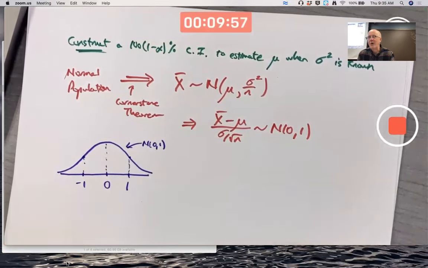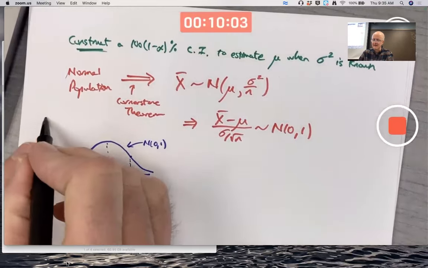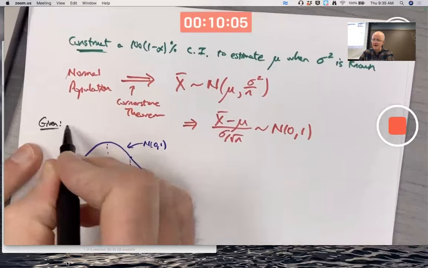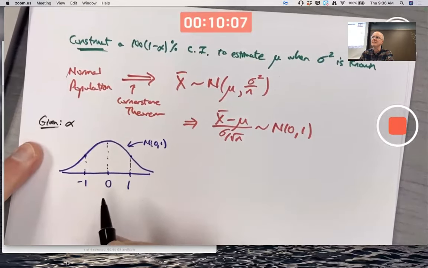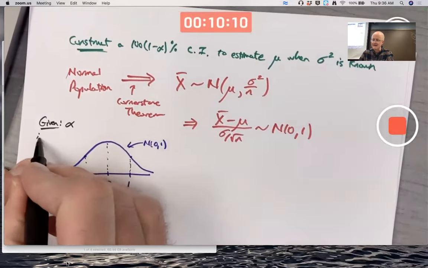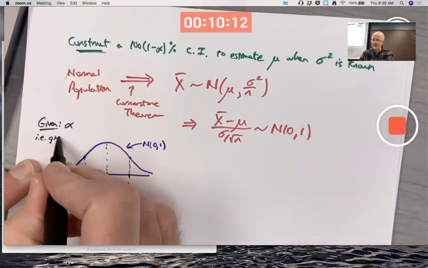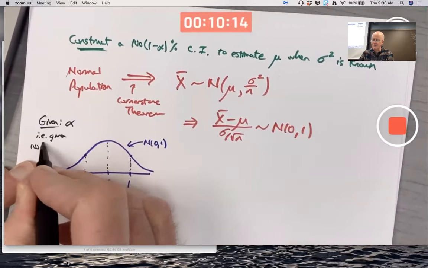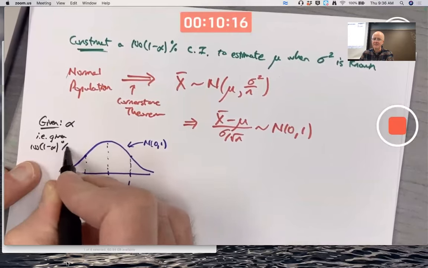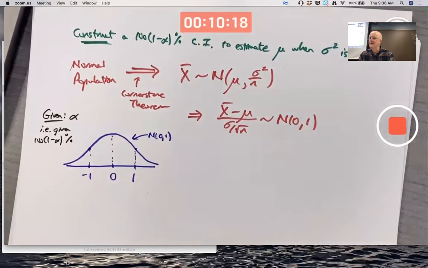The standard way to approach this, given alpha, i.e., given 100 times 1 minus alpha %, is to do it symmetrically.